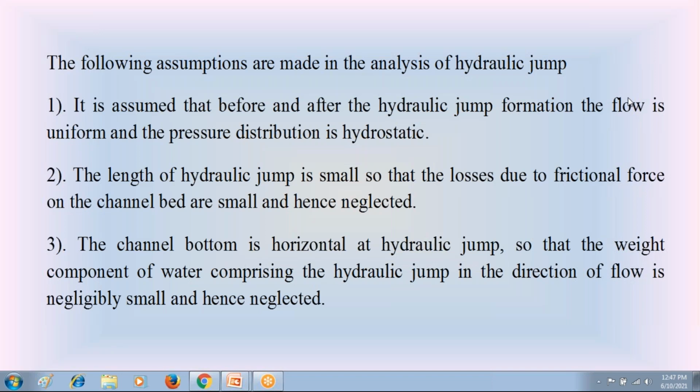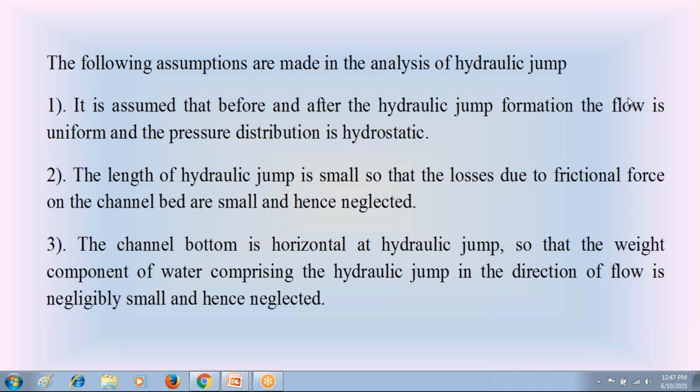But in that hydraulic jump portion, since the length of the hydraulic jump is small, we neglect the friction force from the channel bottom acting on the hydraulic jump. Then the third assumption, check that third assumption.